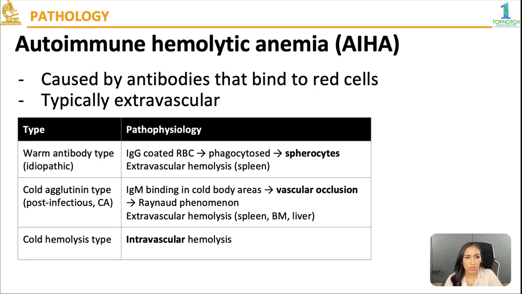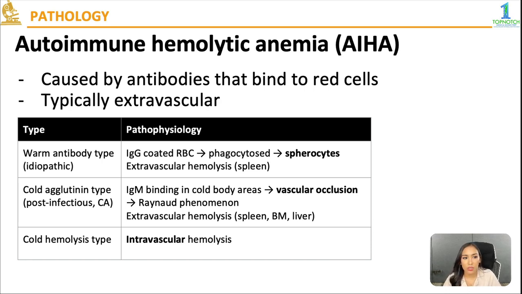There's also the cold agglutinin type, typically post-infectious and associated with cancer. What happens is IgM binds to the RBC in cold body areas, kaya siya cold agglutinin type. So, dahil nababind yung IgM sa RBC, nagkakaroon ka ng vascular occlusion, therefore Raynaud's phenomenon. And this is also extravascular hemolysis.